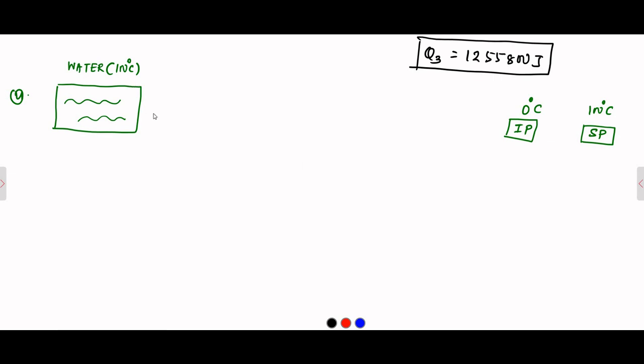So water at 100 degrees Celsius is to be converted into steam at 100 degrees Celsius. That is asked in the question: transition from minus 12 degrees Celsius ice to steam at 100 degrees Celsius. So here temperature is remaining constant.